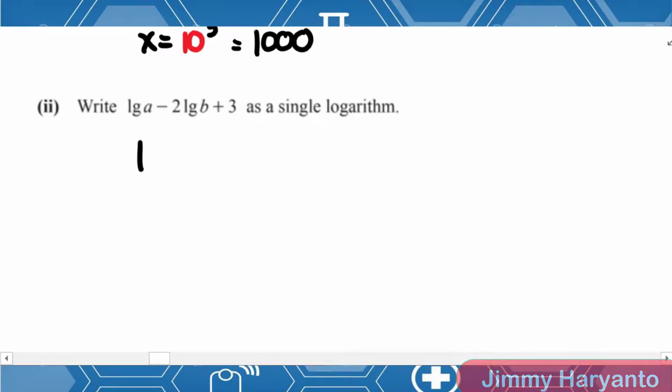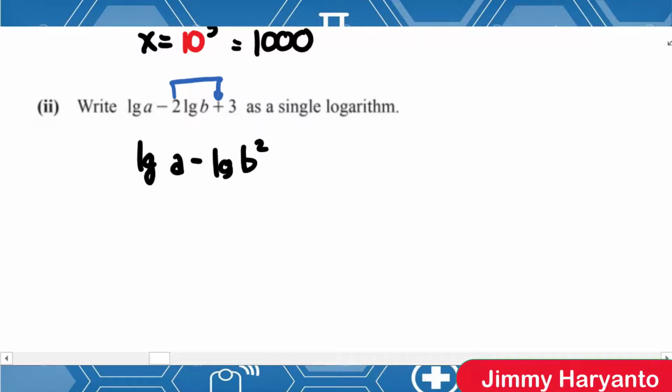Easy, guys. Next, lg a. Still lg a. For this one, I can move the 2 to the top of b. Why can it be like that? The logarithm has properties like that. When you have powers, you can move the powers to the front.